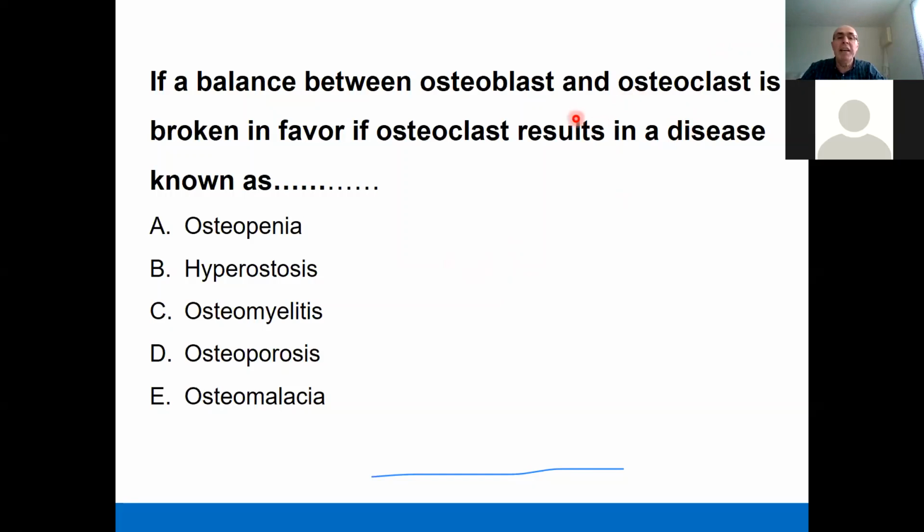Correct. Okay, D is the answer. Osteoporosis is an imbalance between osteoblast and osteoclast in favor of osteoclasts. If osteoclasts are hyperactive compared to osteoblasts, then we lose the matrix of bone, and this bone will be susceptible to fracture, which we call osteoporosis.